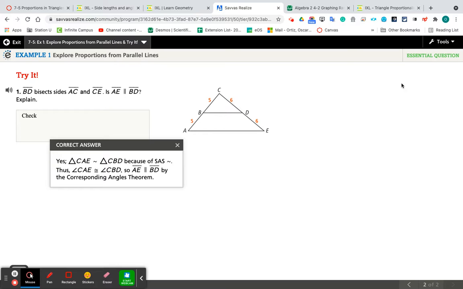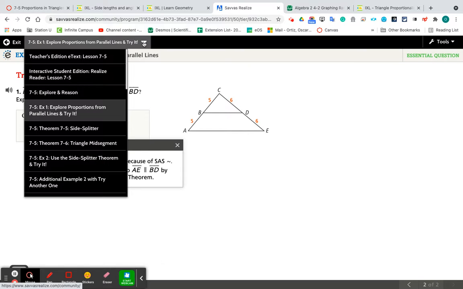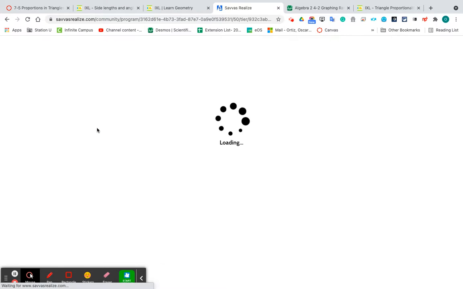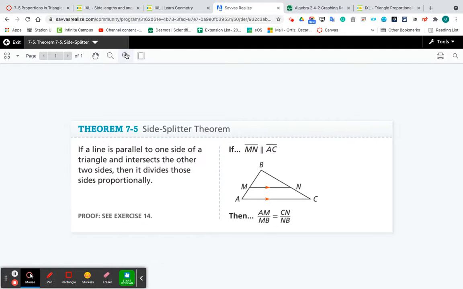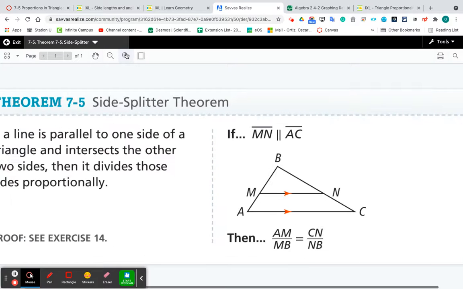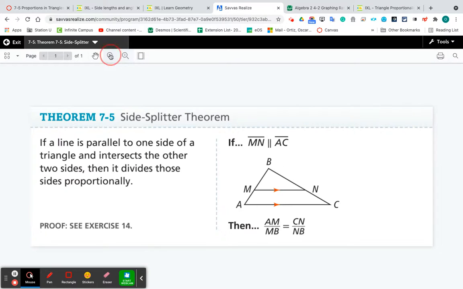So let's have a look at example number 2, but before, we have this in the form of a theorem. So we can say that this is always the case. If a line is parallel to one side of a triangle and intersects the other two sides, then it divides those sides proportionally.